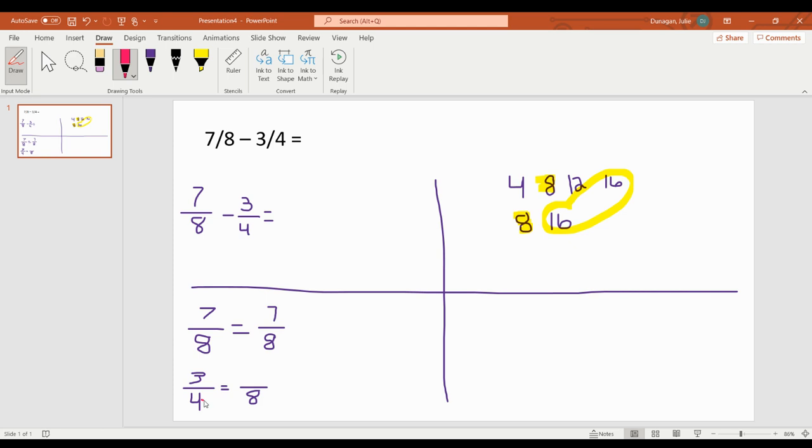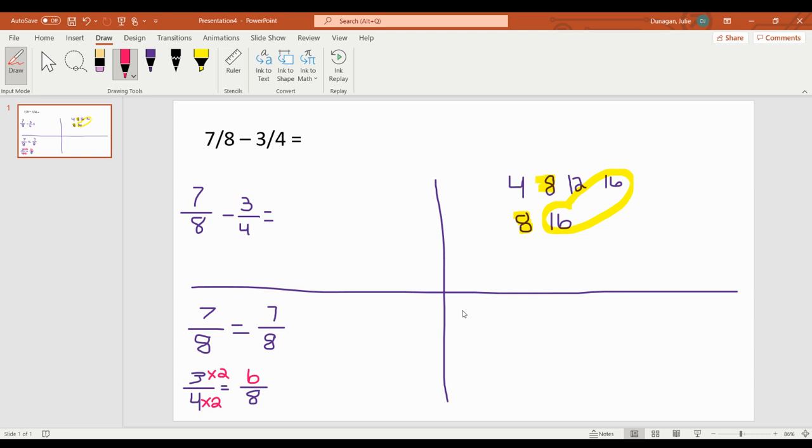But I'm still going to write a little multiply by 2 here, so I remember what I did to get my 8. And then remember, if we do it to the denominator, we have to do it to the numerator. So I'm going to multiply my 3 times 2 to get 6.